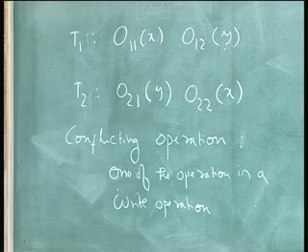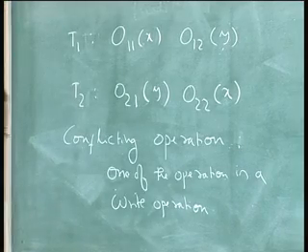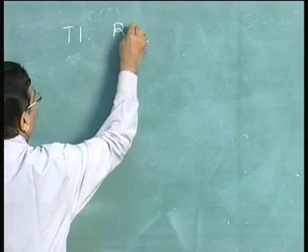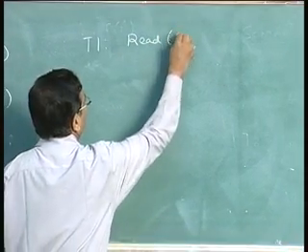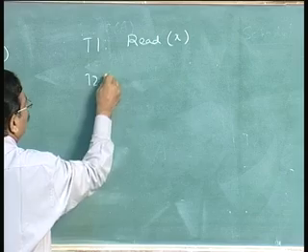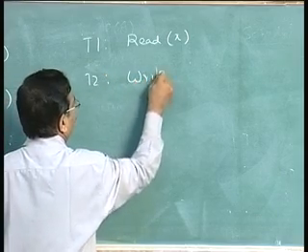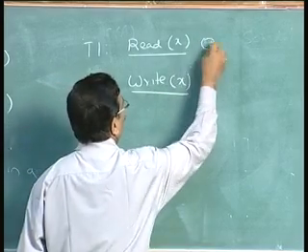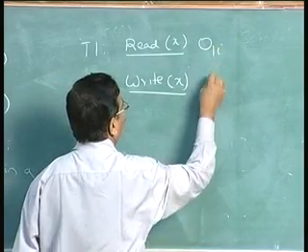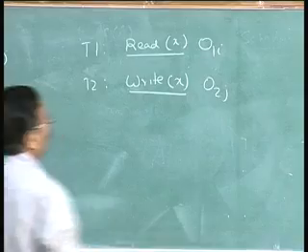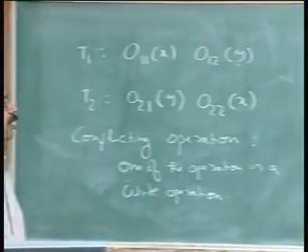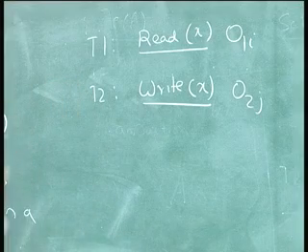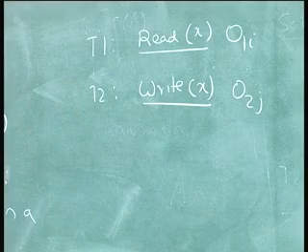Now, to give you a more simplistic view, let us say T1 is trying to read a data item X and T2 is trying to write the data item X. These two operations, O1i and O2j, are said to be conflicting because they are operating on the same data item and they are conflicting with each other, right.